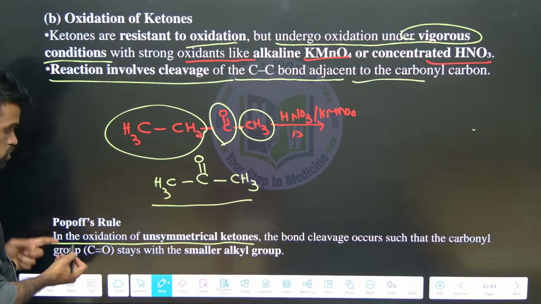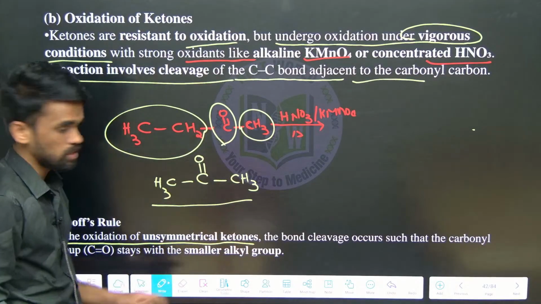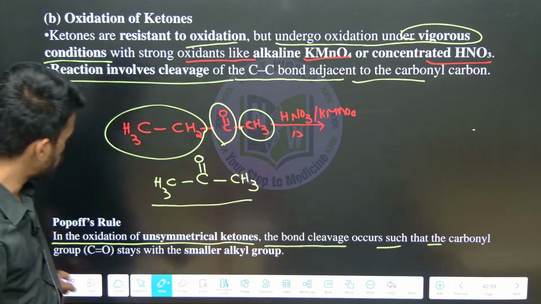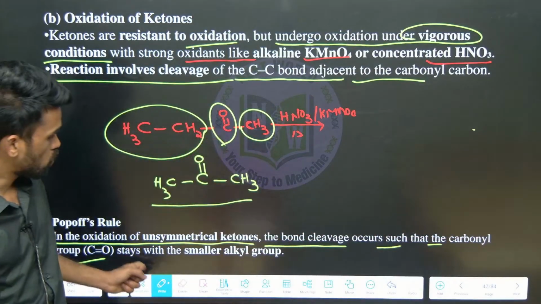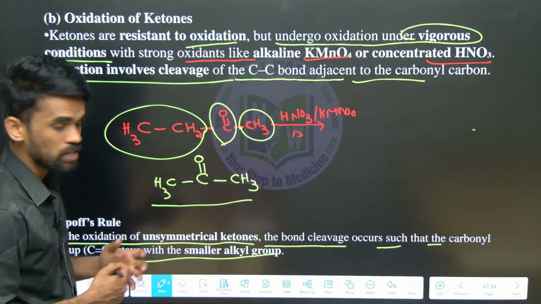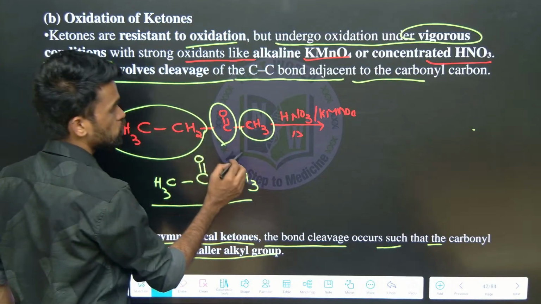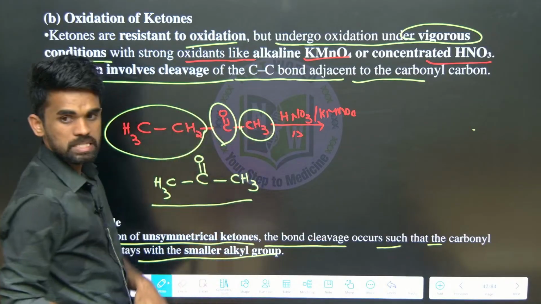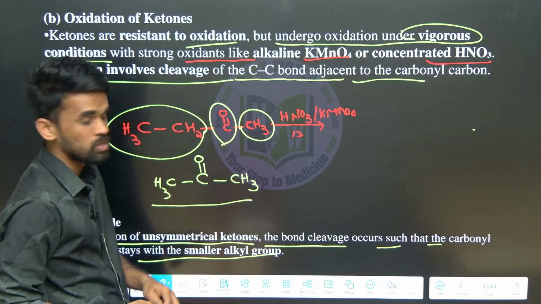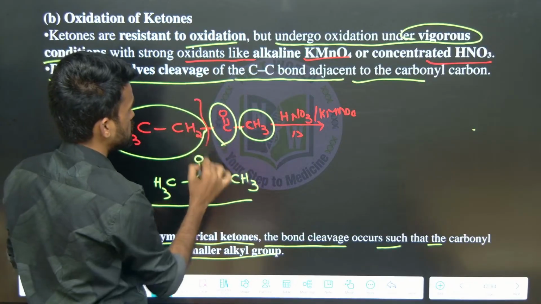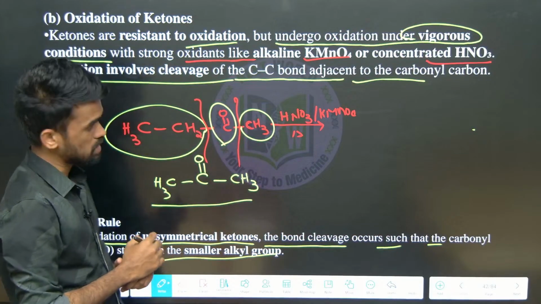In the oxidation of unsymmetrical ketones, the bond cleavage occurs such that the carbonyl group C=O goes with the smaller alkyl group. You may ask, sir, which side should I break? You say the ketone gets oxidized using concentrated HNO3 or KMnO4, but on which side does the cleavage take place? This is a big question.